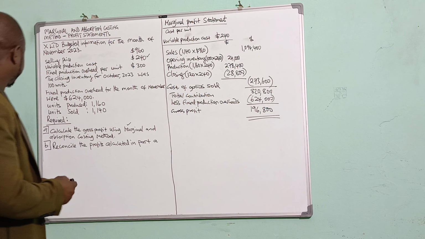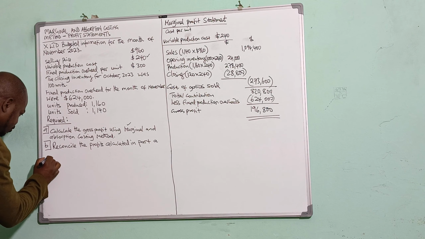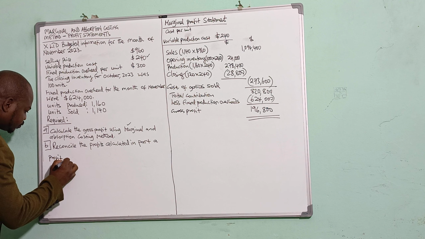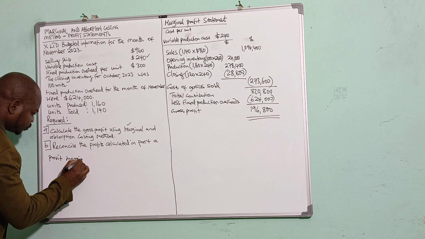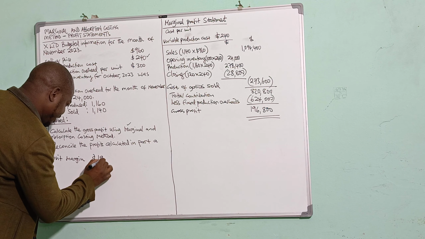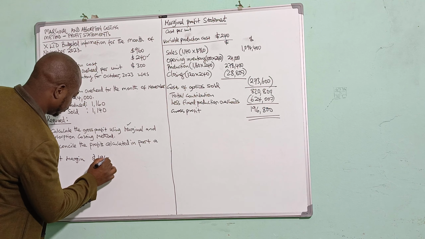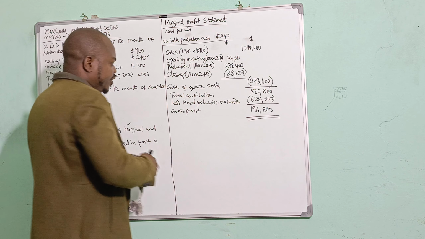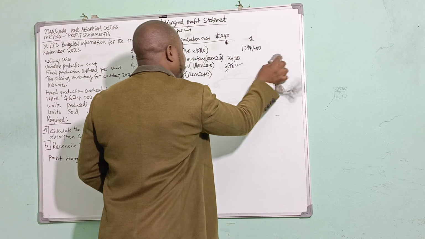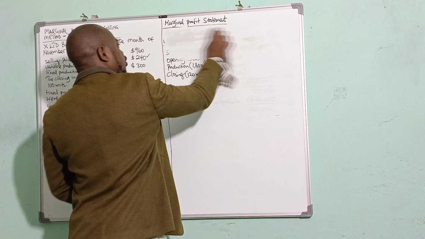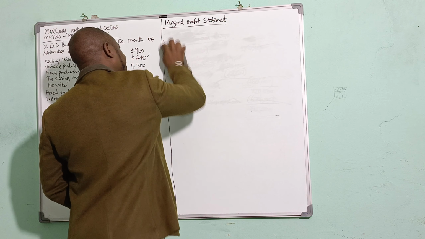Let me just keep the profit figure for marginal this side because I'll need to reconcile. Profit under marginal is 196,800. So I can remove this on the board and prepare the absorption approach to profit statement.